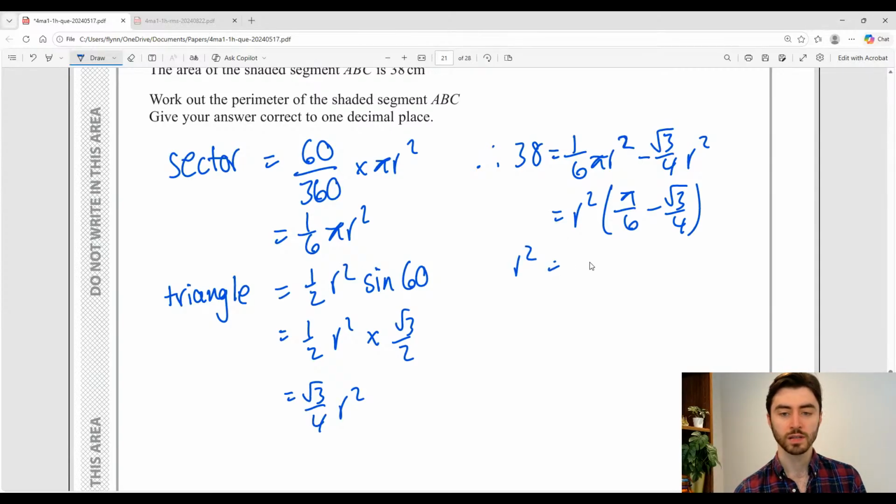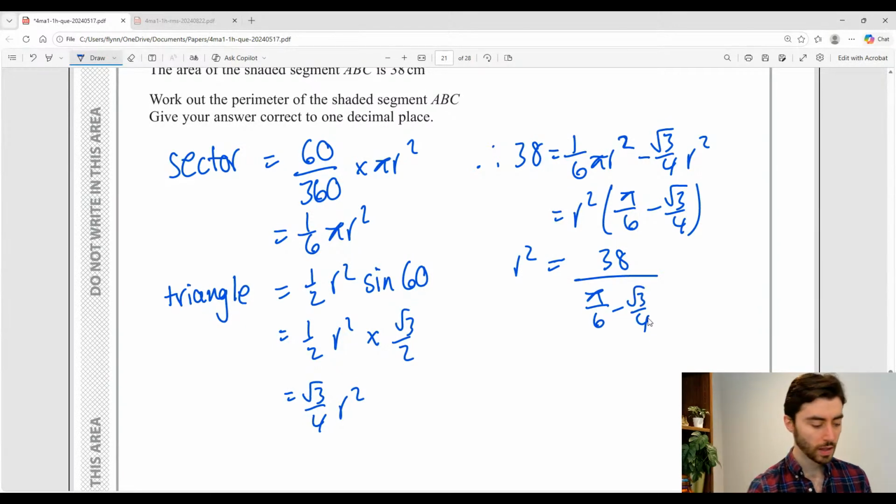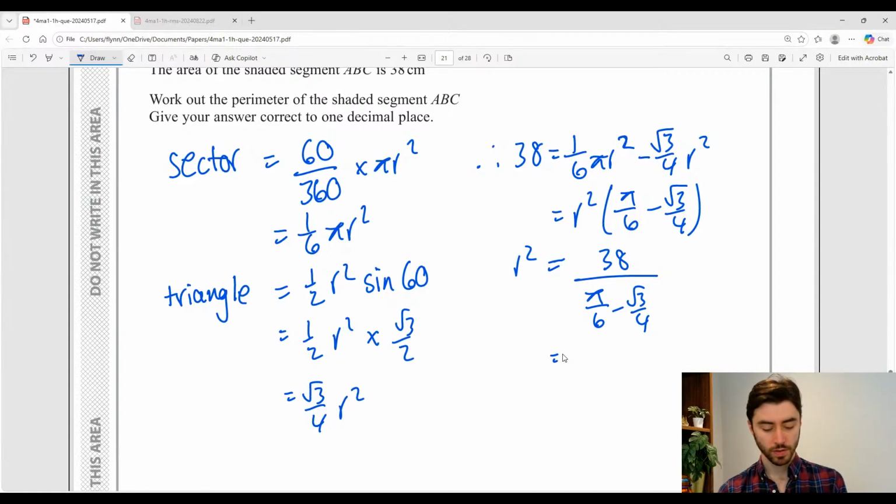So R squared is equal to 38 over this nasty thing. And therefore, I can find what R is. So 38 over pi over 6 minus root 3 over 4.